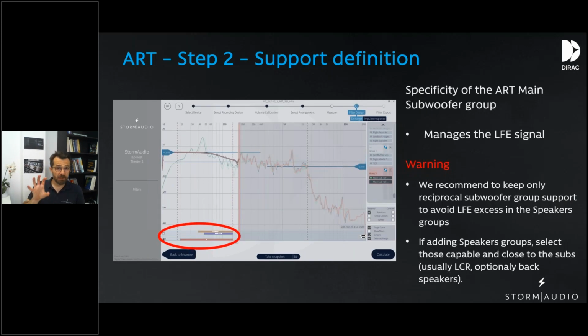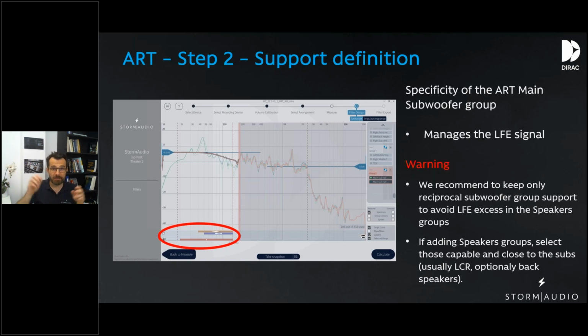Talking specifically about the subwoofer group, there are some key recommendations. Whenever you start defining subwoofers in your installation, it is within this group that the LFE signal will be played. So in this group, you will have the bass that can come from the other speakers, when the subwoofer is defined as a support to another speaker.